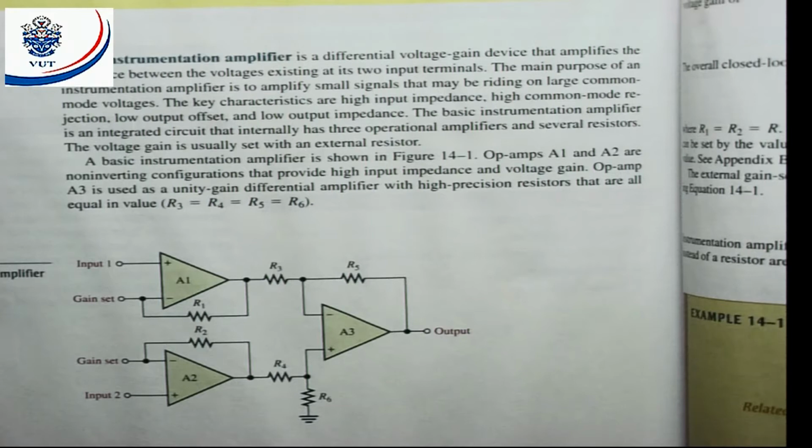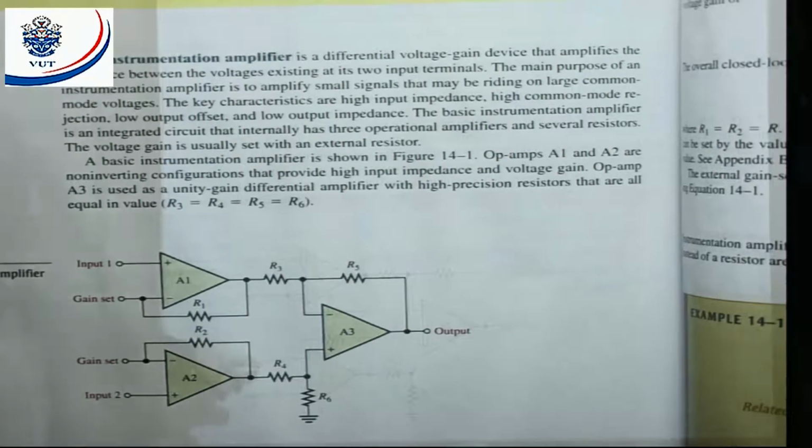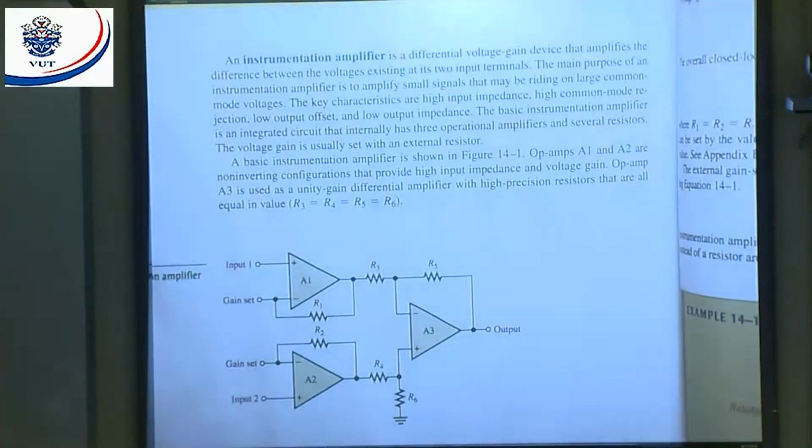The basic instrumentation amplifier is an integrated circuit that internally has three operational amplifiers and several resistors. The voltage gain is usually set by an external resistor. You see here, you can put an external resistor, and that's the gain setting resistor. The basic instrumentation amplifier is shown in figure 14.1.